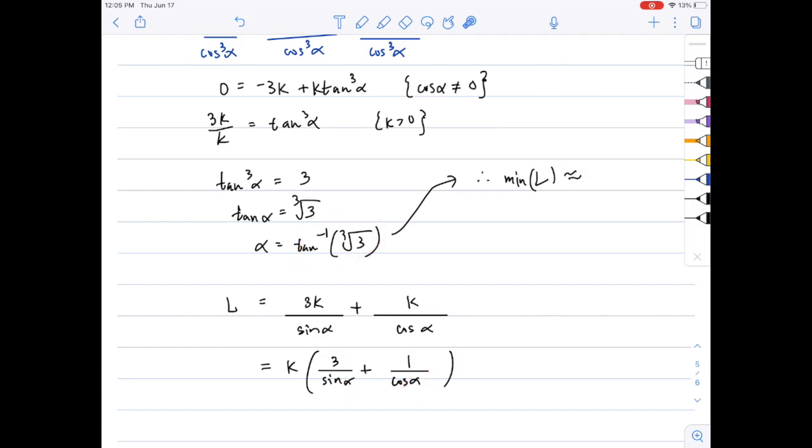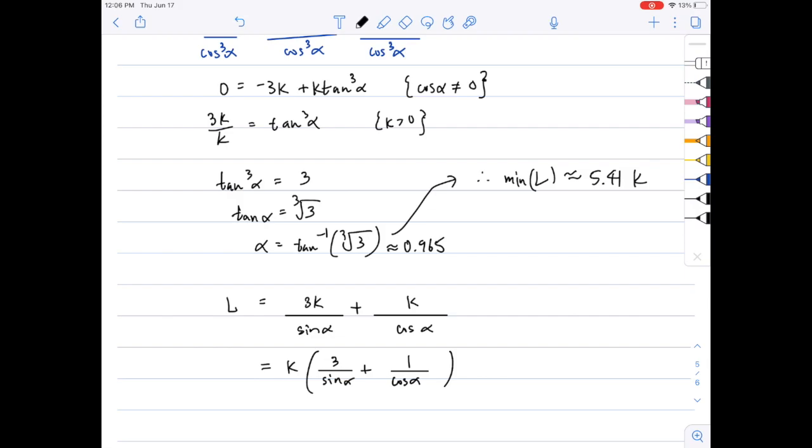So all I did was I took this alpha value, which is approximately 0.965 or so, and put it into here and here. Then I evaluated this expression, and I got about 5.41 to 3 significant figures. And then that needs to multiply by k. So we get about 5.41k. And that's your min L.